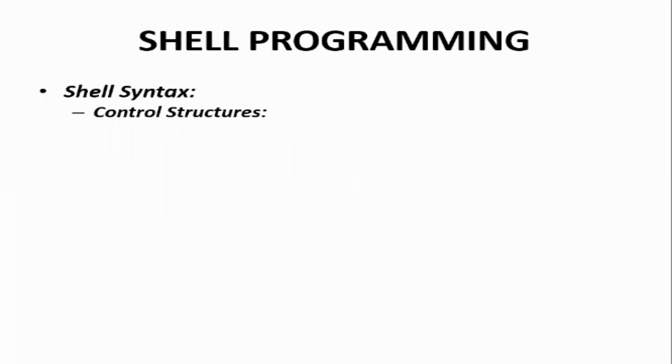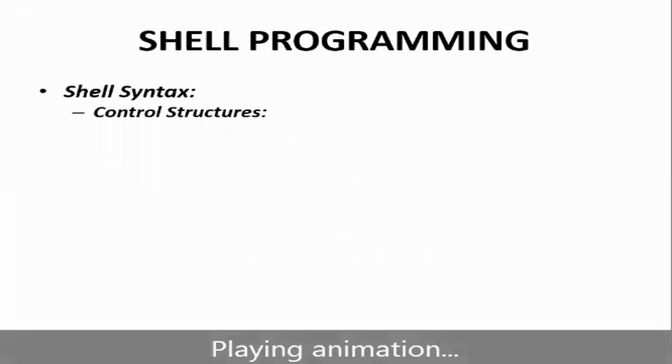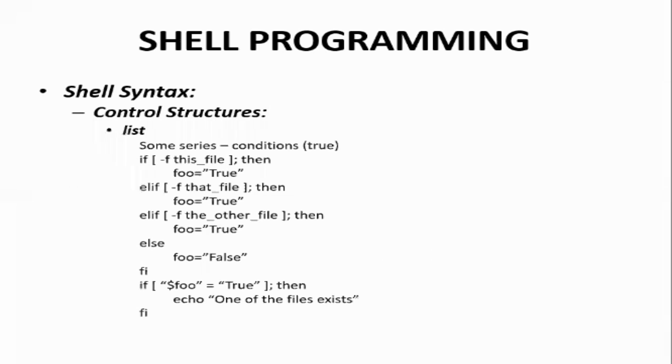Sometimes you may want at least one of a series of conditions to be true, like the one that is showing on the screen, where we have a series of conditions.